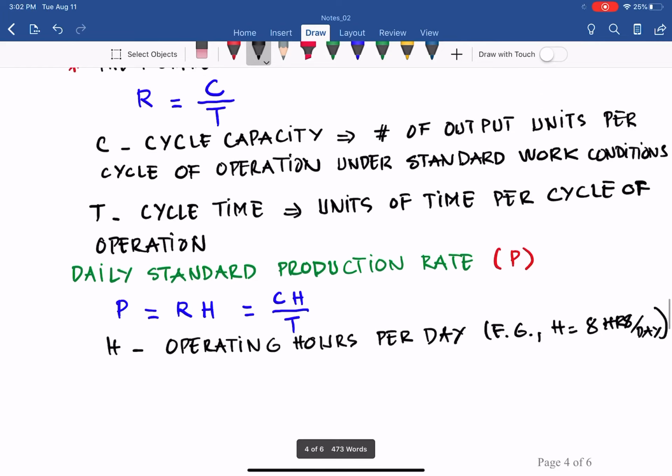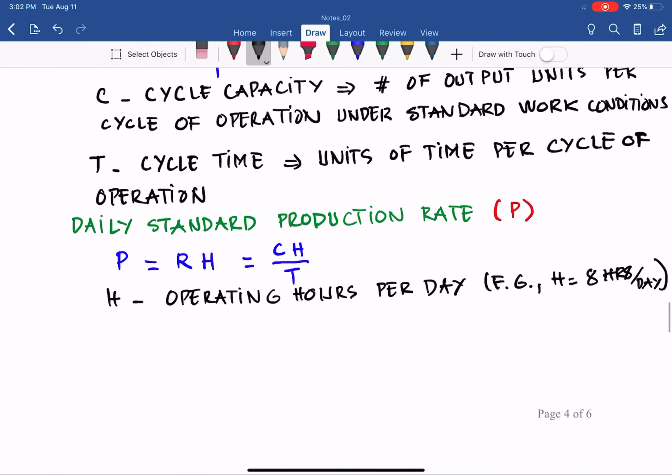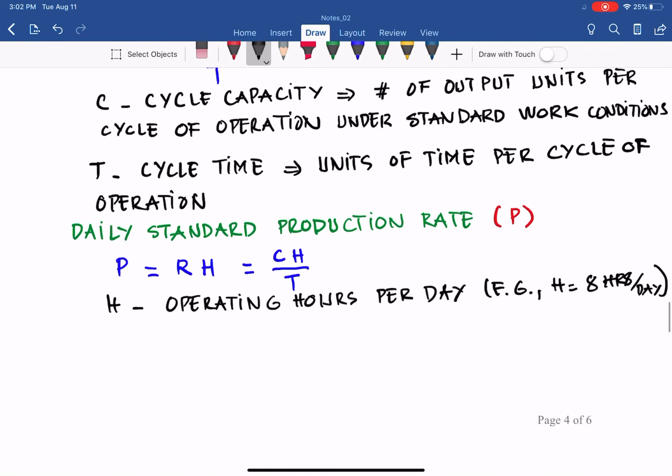But in real life, not everything is under standard. We need to adjust for the actual conditions, and that way we have the concept of actual equipment productivity.